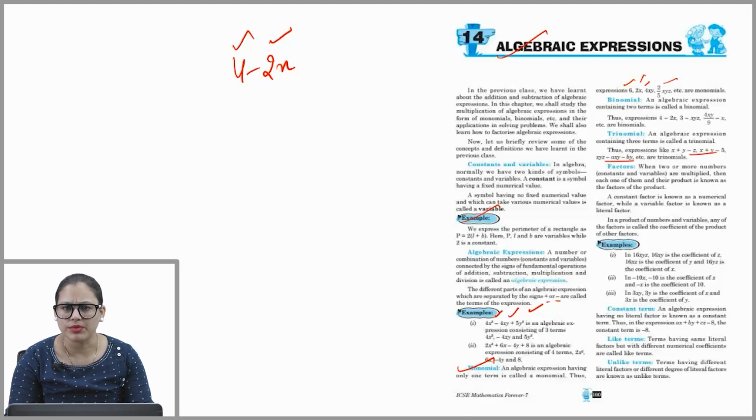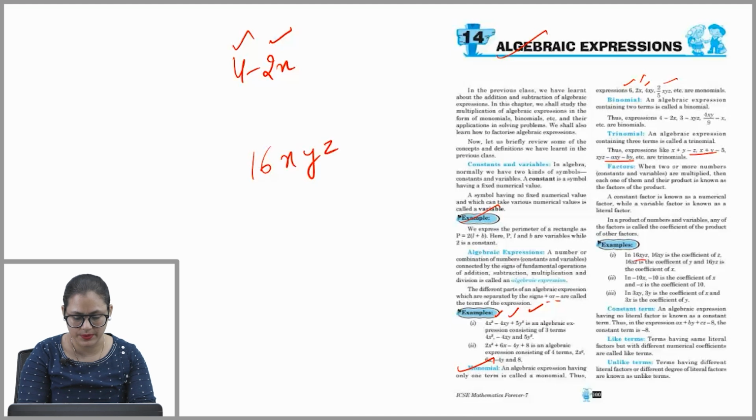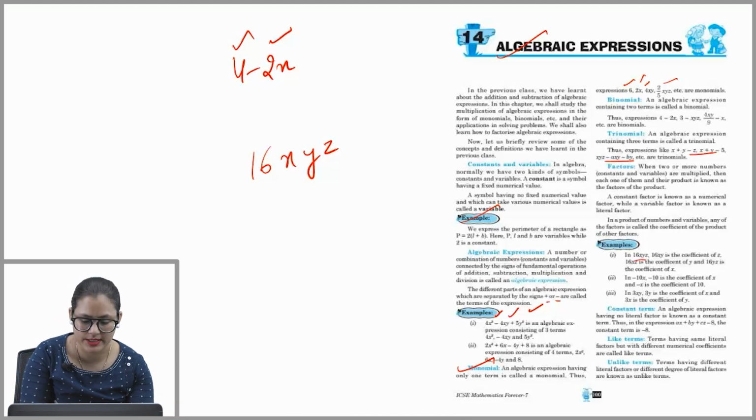Factors. When two or more numbers, constants and variables are multiplied, then each of them and their product is known as a factor of the product. A constant factor is known as a numerical factor, while a variable factor is known as a literal factor. In a product of numbers and variables, any of the factors is called the coefficient of the product of other factors. Okay. For example, in 16xyz, 16xy is the coefficient of what?